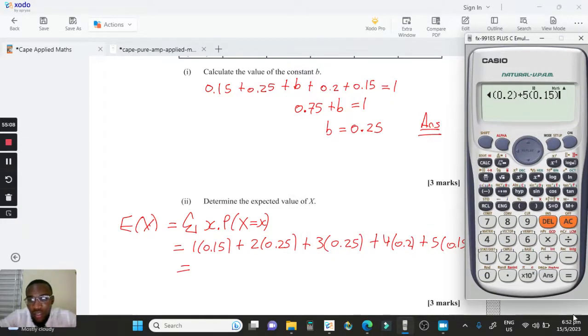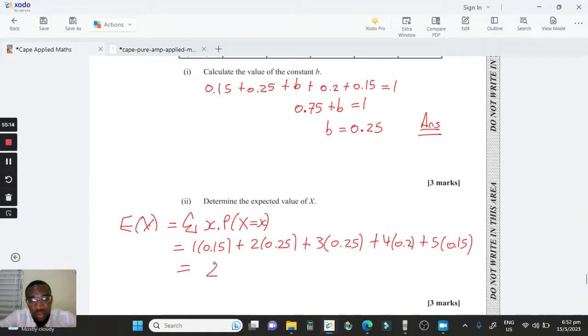And so we work that out and we get 2.95. That's it. Easy, that's the expected value of X, 2.95.